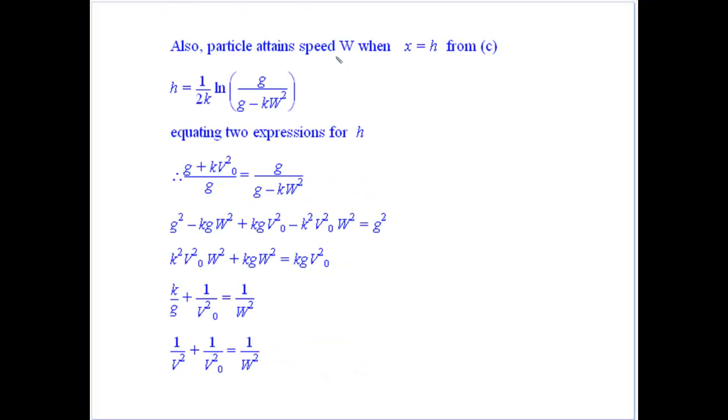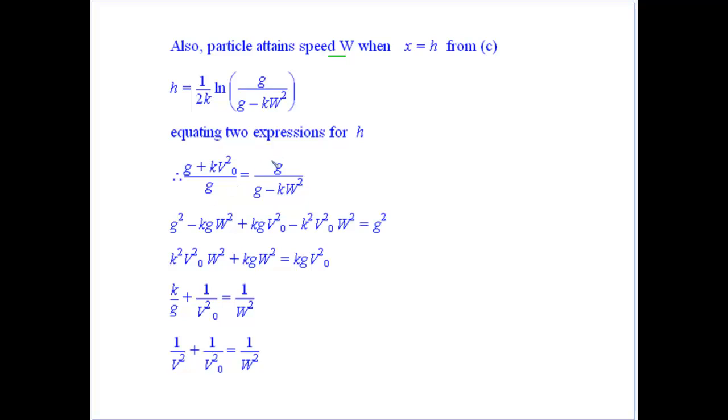So we also know the particle attains the speed of w when x is equal to h from part C. So we get h is 1 on 2k natural log of g on g minus kw squared. So we get those two expressions equated.